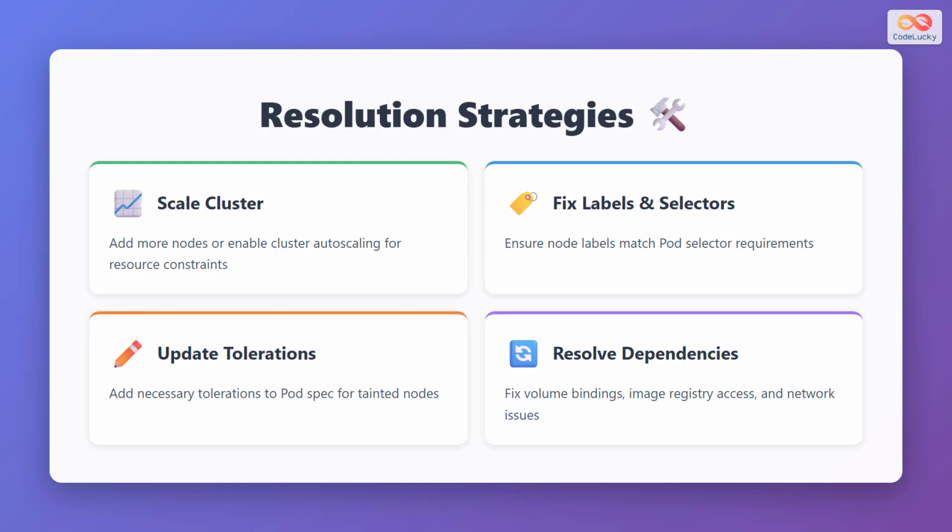For taint and toleration problems, update the pod specification to include the necessary tolerations that allow it to run on tainted nodes. Finally, for dependency issues, resolve volume bindings by creating or provisioning the required persistent volumes, fix image registry access by adding proper credentials, and troubleshoot any network connectivity problems preventing image pulls.